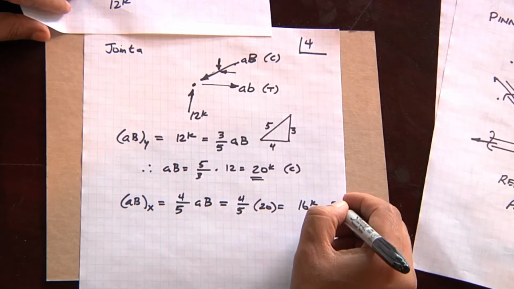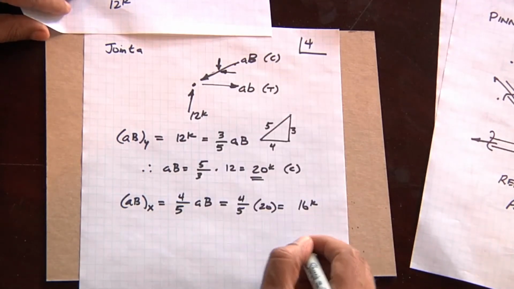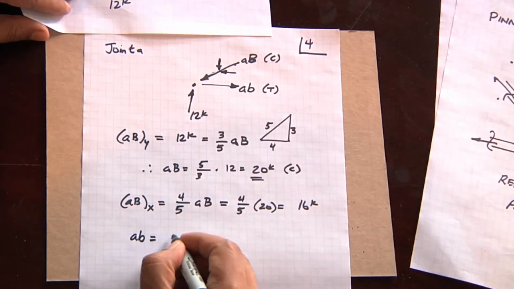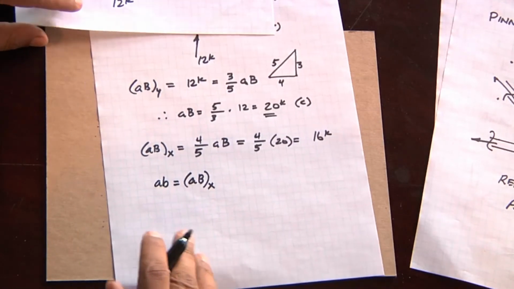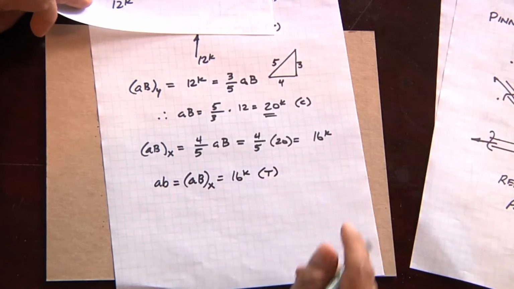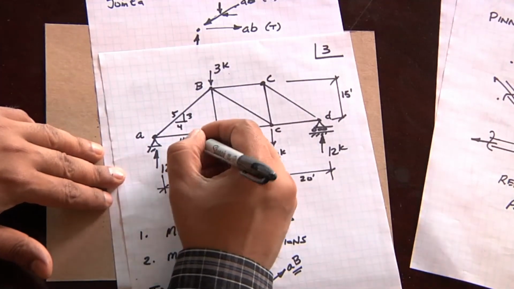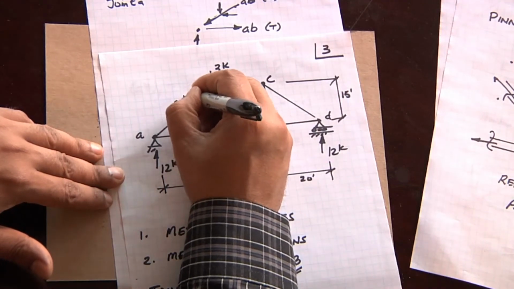And that 16 kips going in this direction for ABX means that AB, A lowercase b, is equal to the X component of ABX. So that's 16 kips, and that will be in tension. So right away we've solved for this chord force, which is 16 kips, tension, and 20 kips, compression.